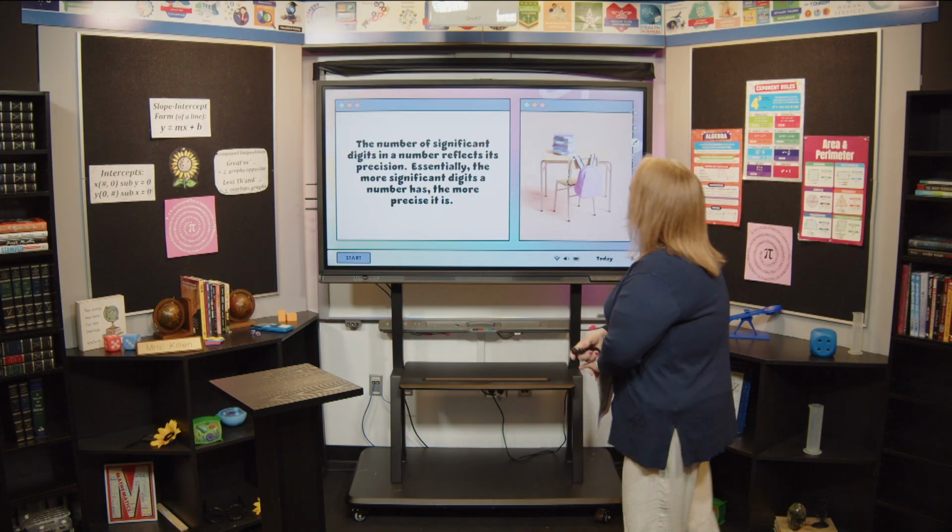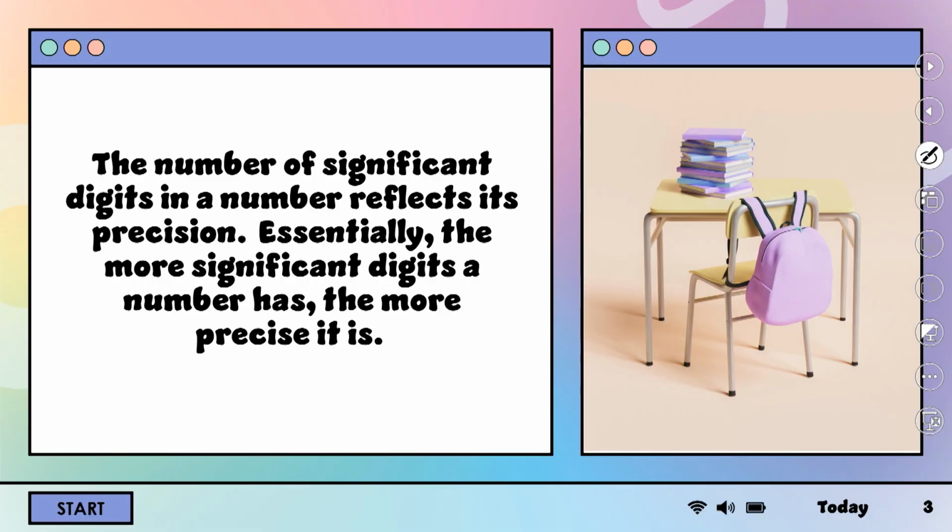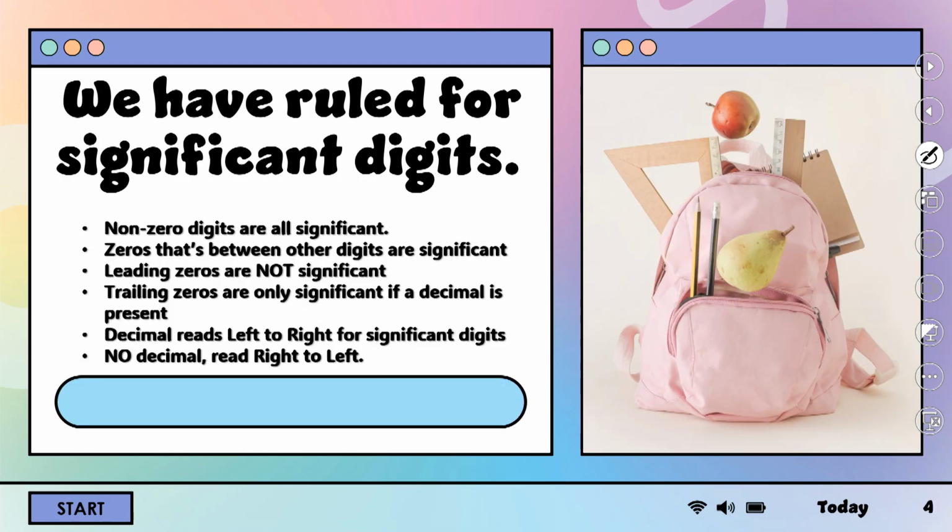The number of significant digits in a number reflects its precision. Essentially, the more significant digits a number has, the more precise or accurate we are when we're dealing with these different numbers.